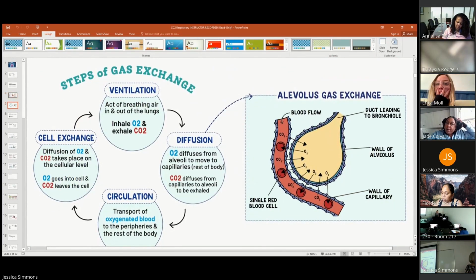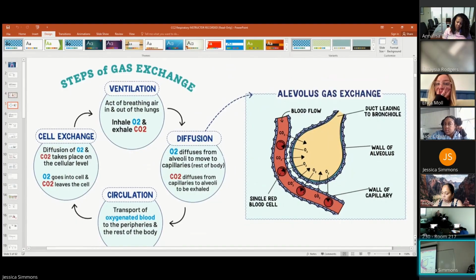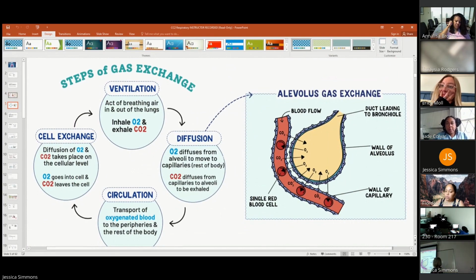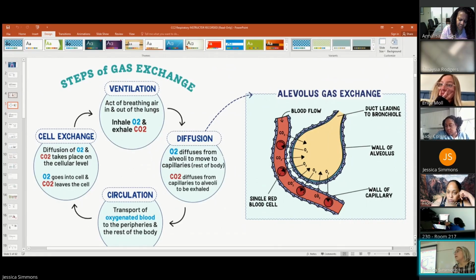All right, so steps of gas exchange. So we start with ventilation. It's the act of breathing in and out, right? We inhale oxygen, we exhale CO2. It goes down into the alveoli and diffuses into the capillary membrane. And this is where the exchange of oxygen and CO2 occur.